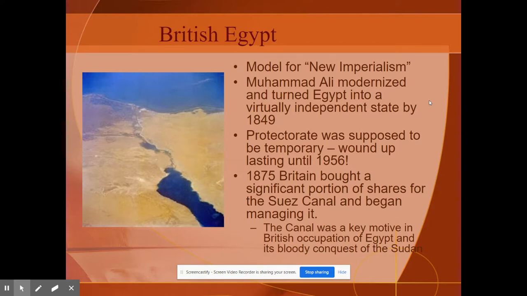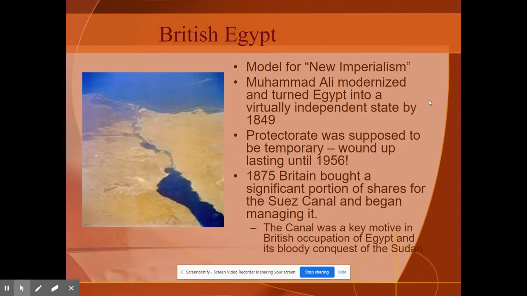In Egypt, we're going to see the ideas of these new imperialistic ideas, where what happened in this case was two Western powers actually manipulating the collapse of the Egyptian government.